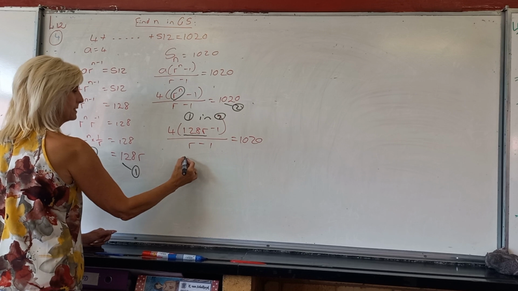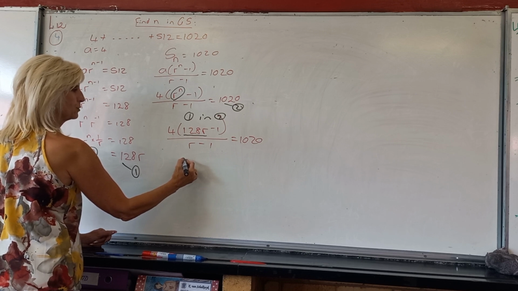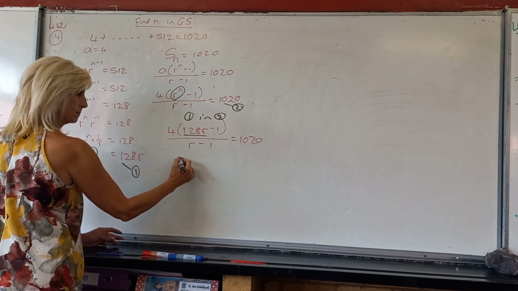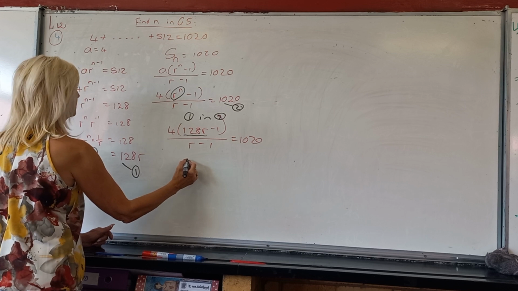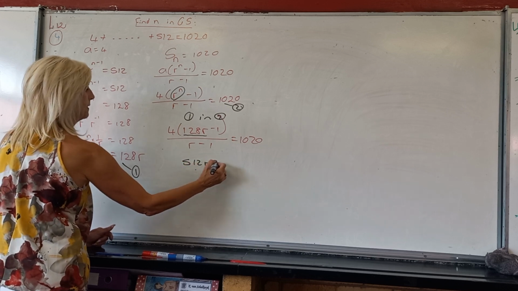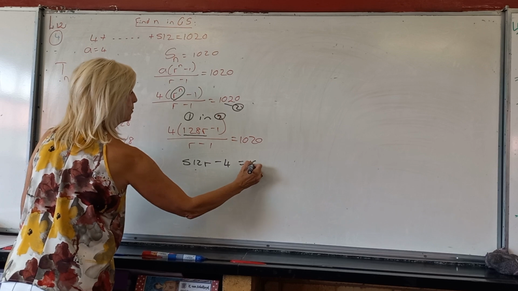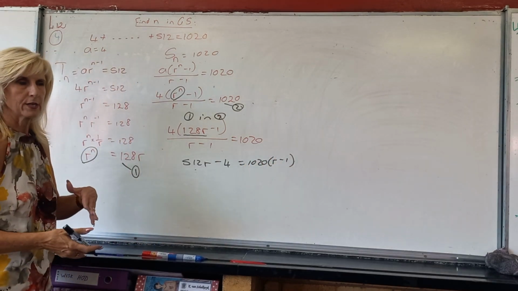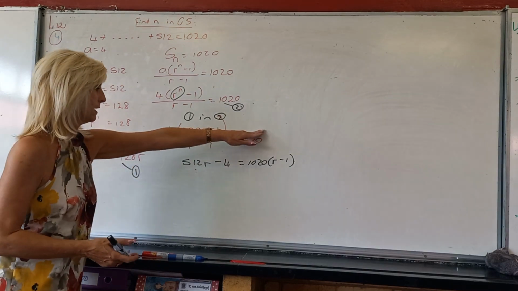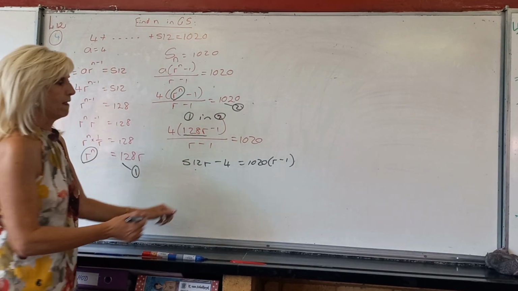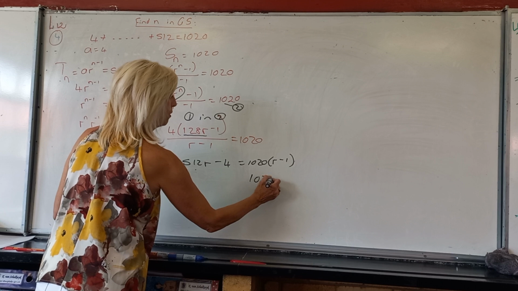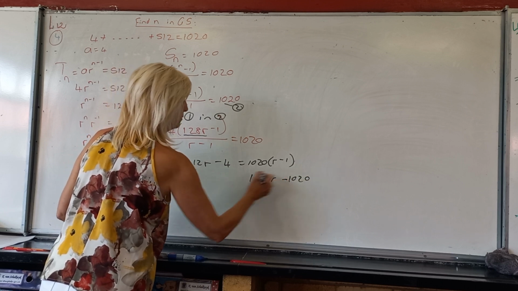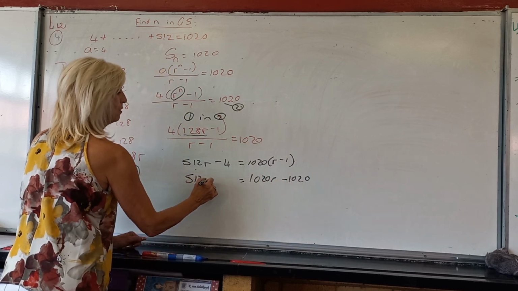Times this in, what is it? 4 times 128. 512. And then minus 4. And this will be 1020 times R minus 1, which I can immediately write down as well. So I'm timesing the R there, I'm timesing this in. I've got 1020R minus 1020, 512R minus 4.